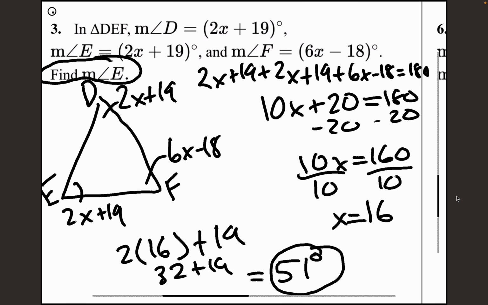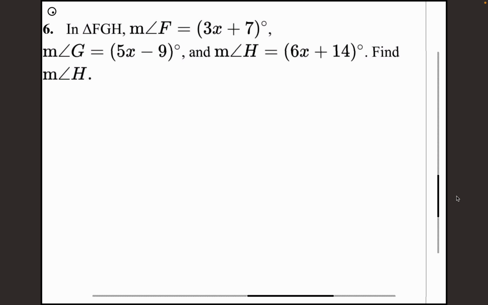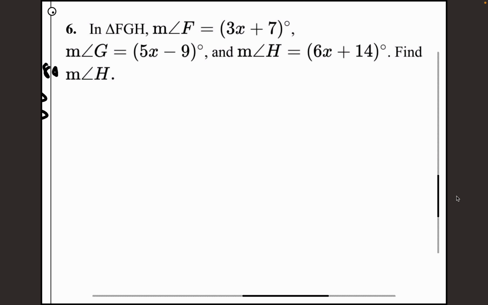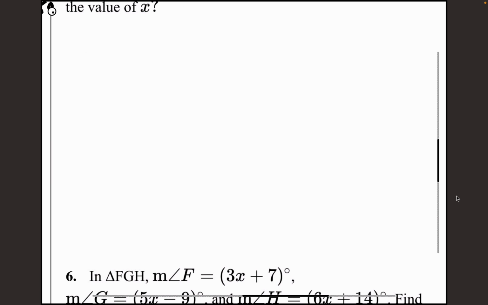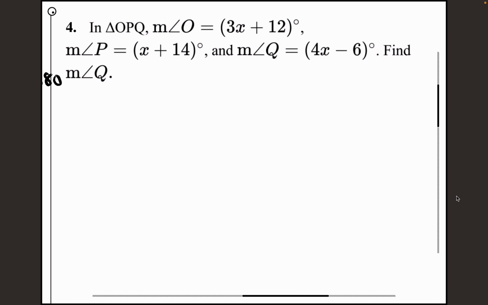While it's on the board, you can write it down. All right. I recommend drawing out those triangles to help you out.